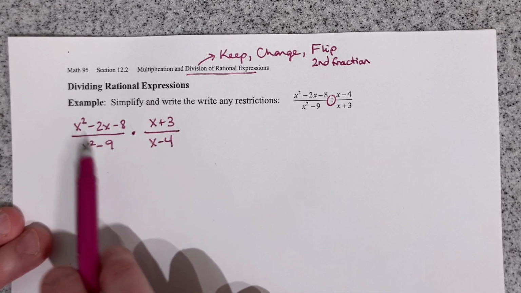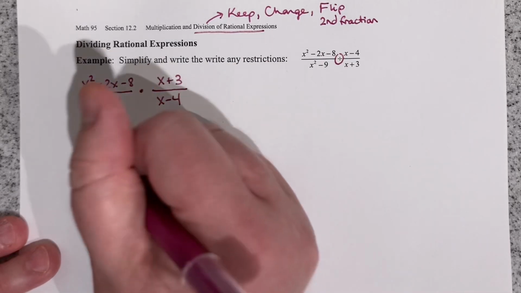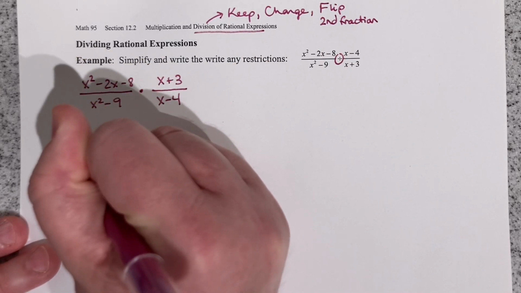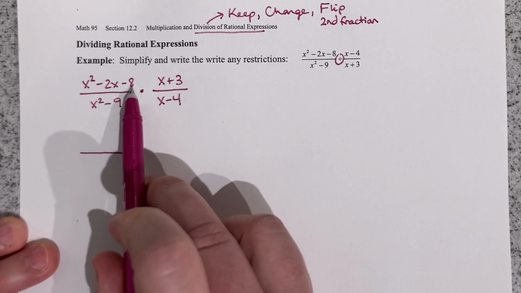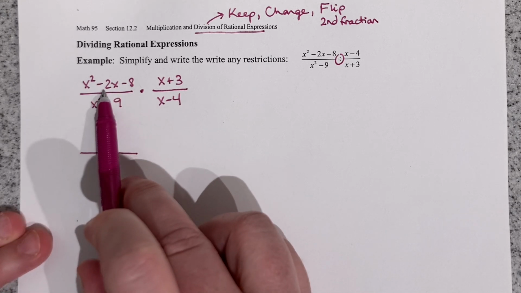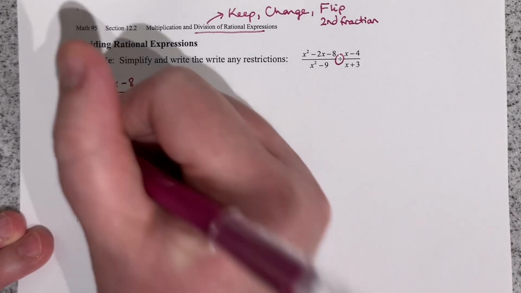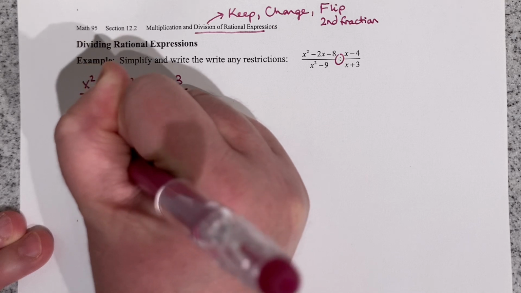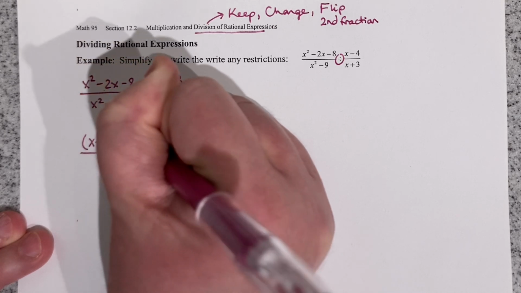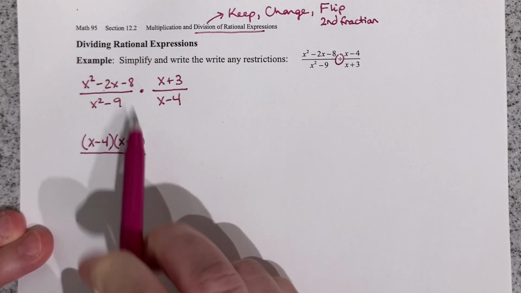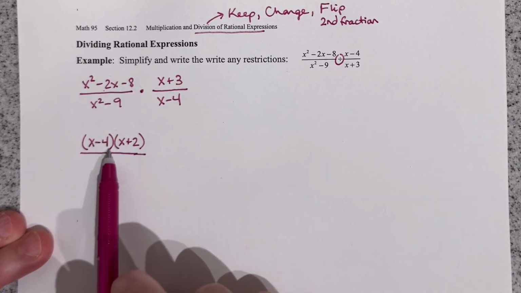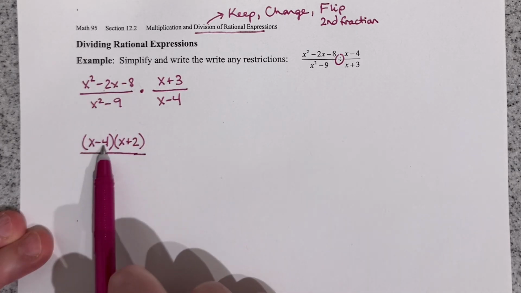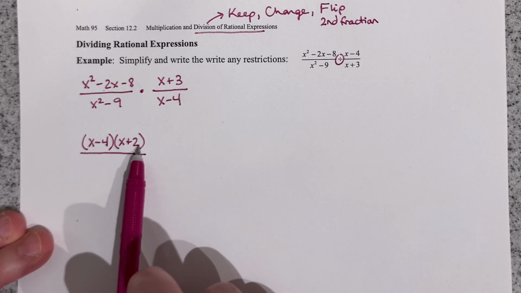But we can definitely simplify or factor this first fraction. So we're looking for two numbers that multiply to -8 and add to -2. Feel free to write out more work for yourself if you need it, but I'm hoping we're at the point now like, oh, well, 4 times 2 makes 8. If I make the 4 negative, then it would add to -2.